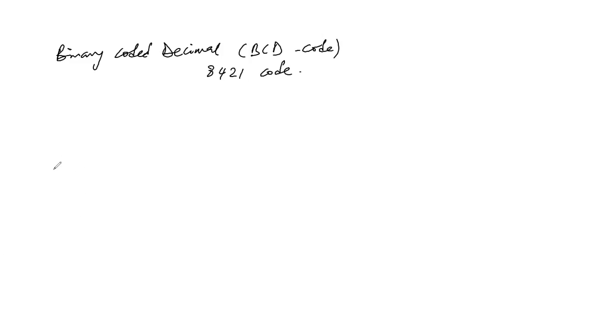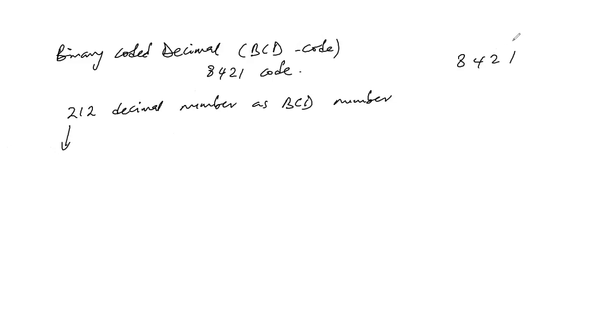So let us say we want to express the decimal number 212 as BCD. Looking at 8421, this is the first bit. For 2, this bit position is on.